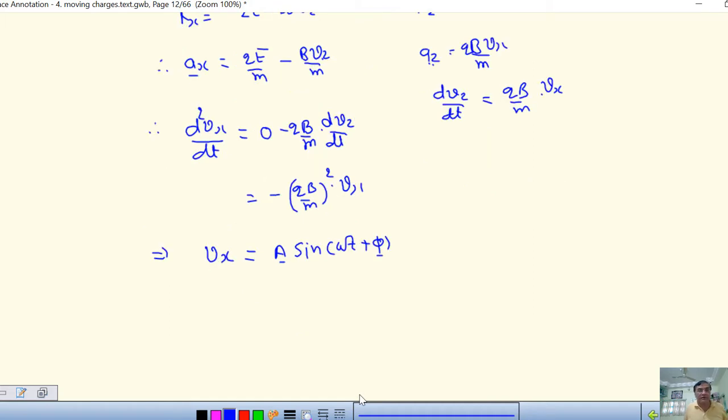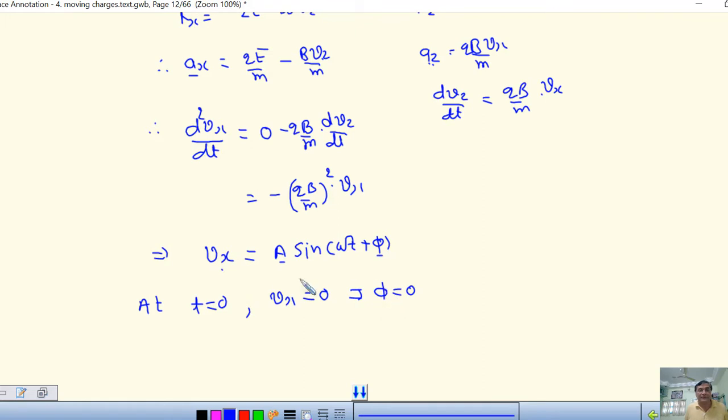To determine them, we put the condition at t equal to 0, vx equal to 0. So sine phi is equal to 0, so phi is equal to 0.